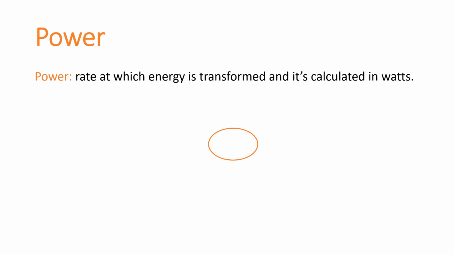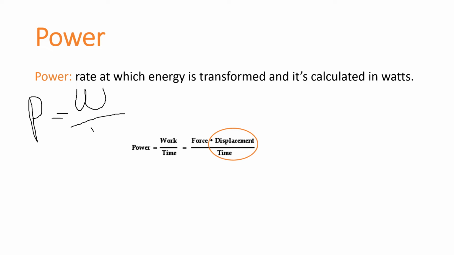And so power is the rate at which energy is transferred, and it's calculated in watts. So we have the equation of power, which is power equal to work divided by time.